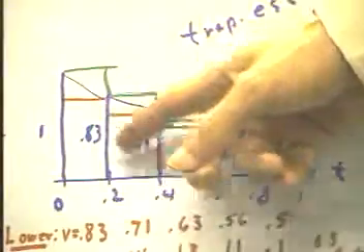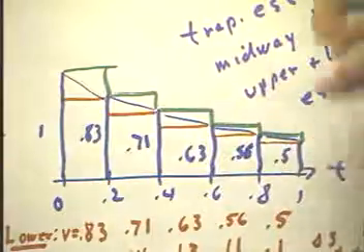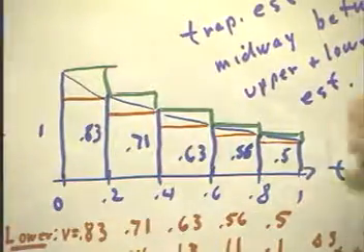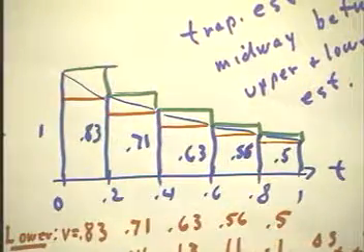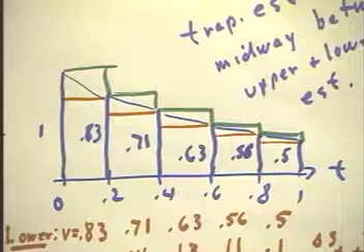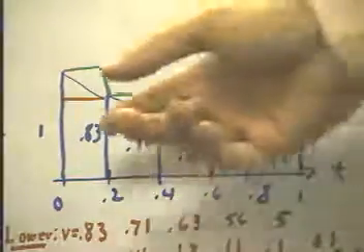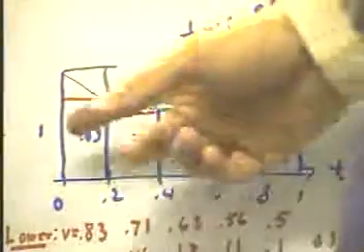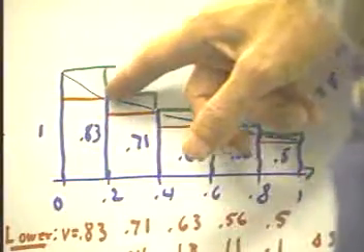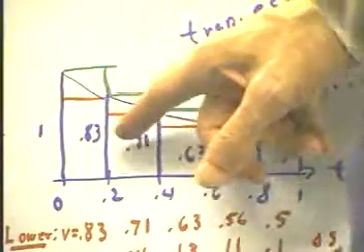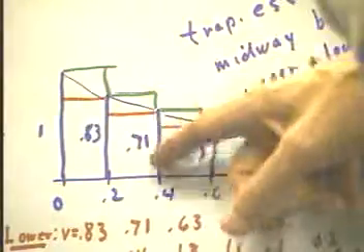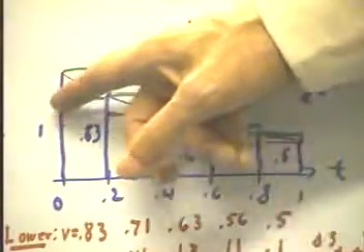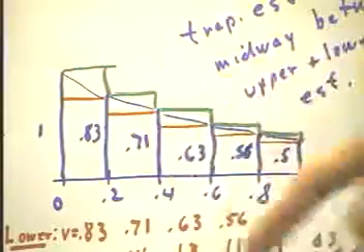1 unit, 0.83, 0.71, 0.63 down to 0.5. This graph isn't really to scale. The 0.5 is a little bit low compared to the 1, but let's not worry about that. When we make a lower estimate, for the altitude we take the minimum altitude, which on this graph will be the right-hand altitude, the 0.83 in the first interval, the 0.71 in the second, indicated by the red segments.